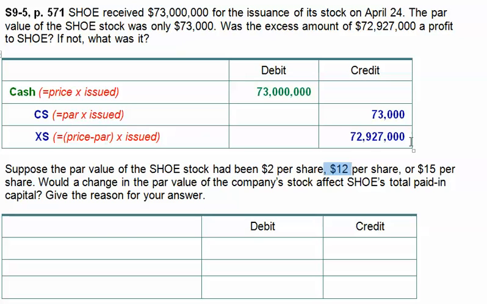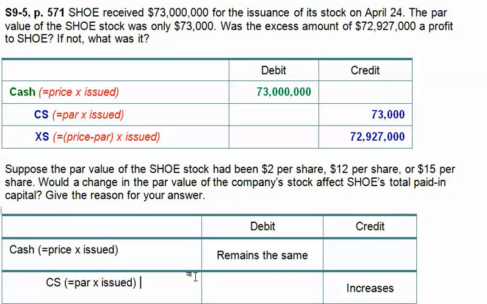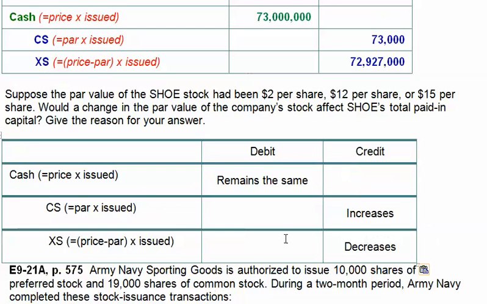In any event, the point of this is that the cash you get is not affected by the amount of your par. What does impact the entry is that if par goes up, then less has to go in the excess to make yourself balance.